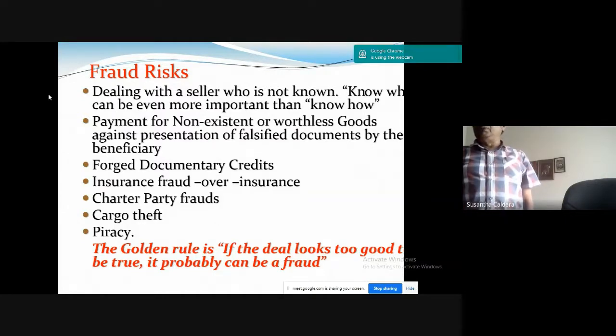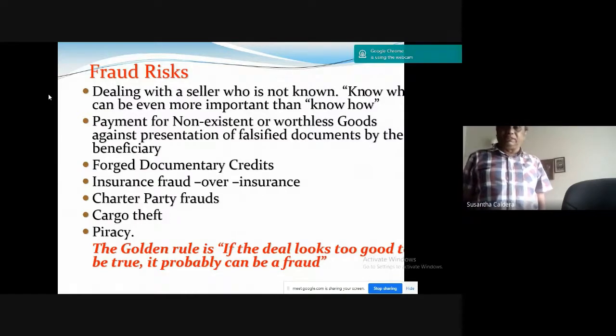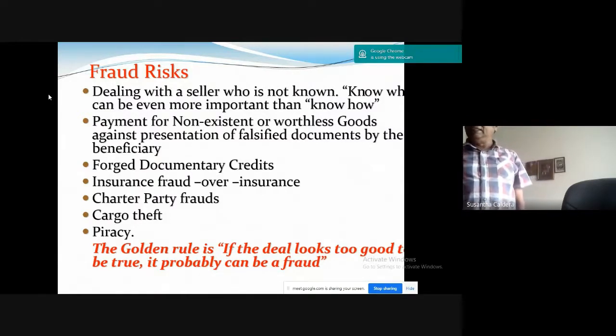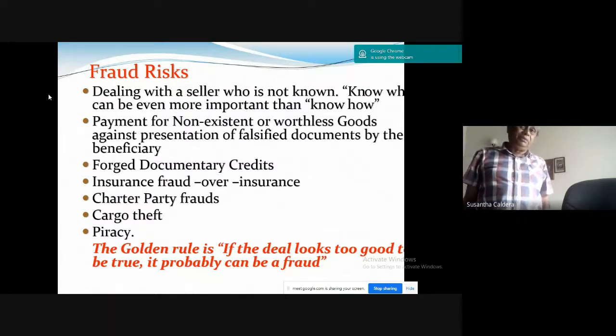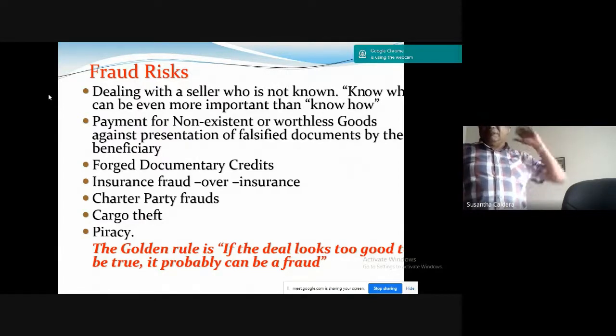One day he came to me and said he wanted to open an LC for $25,000. In 1994-95, $25,000 is like $500,000 now, right? It's a big amount.